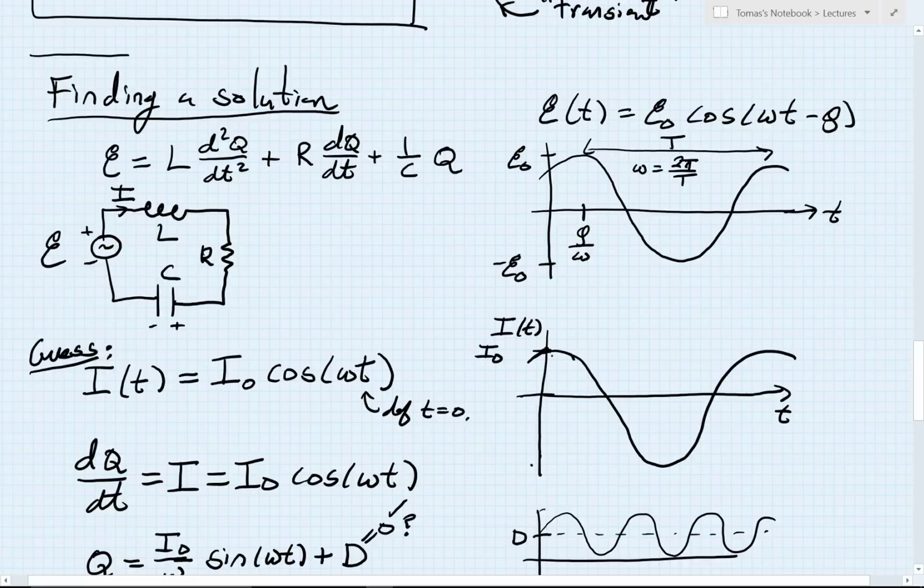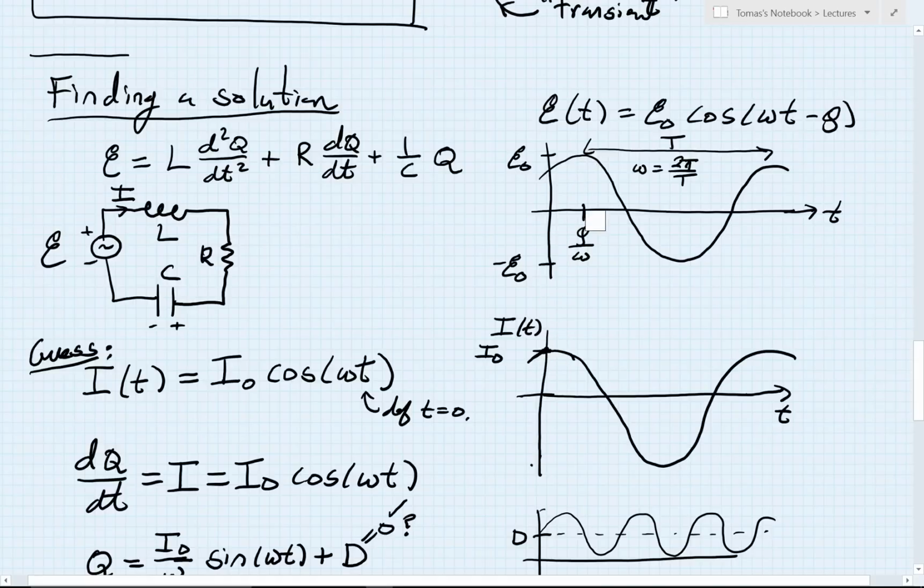Typically, we're more interested in the current response. We want to know what the current's behavior is relative to the driving EMF. In this case, as drawn, when phi is positive, the current has its maximum before that of the EMF. That we call a phase advance of the current over that of the EMF.